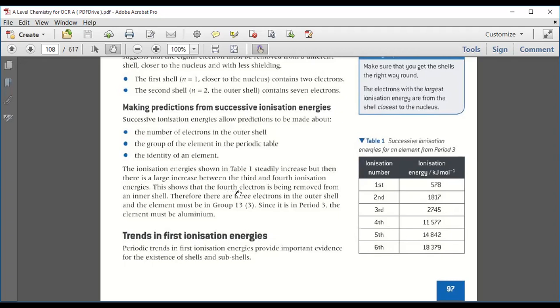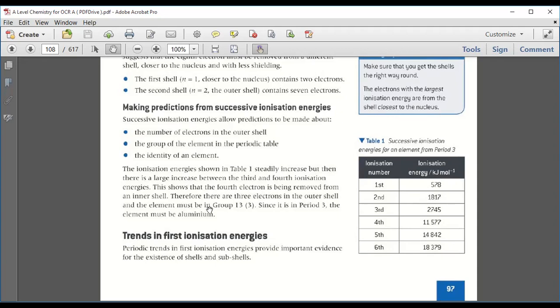This shows that the fourth electron is being removed from the inner shell. In that case, the outermost shell will contain only 3 electrons, and the fourth electron has been removed from the inner shell. Therefore, there are 3 electrons in the outermost shell.